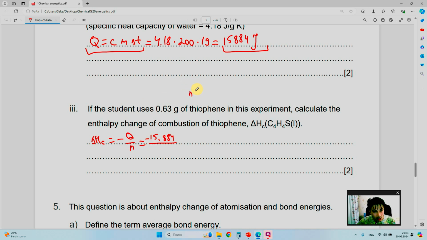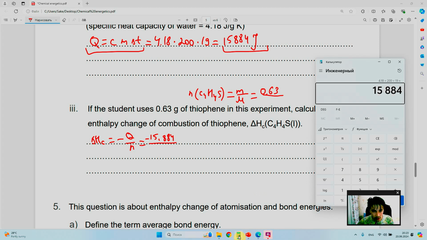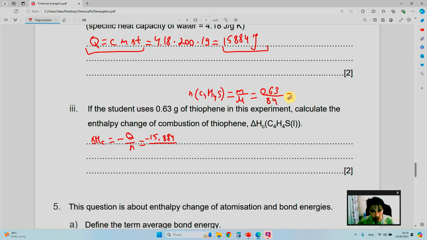So now we need to use that formula, mass divided by molar mass of thiophene. So mass is given 0.63. Molar mass, I assume it's again somewhere around 63, or value that can be divided by that number. So moles. And let's put it here.